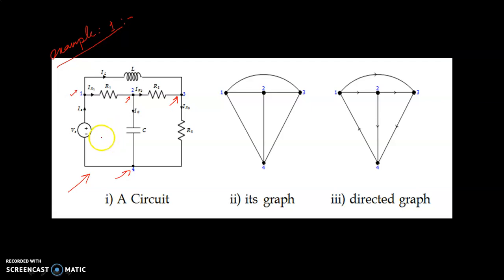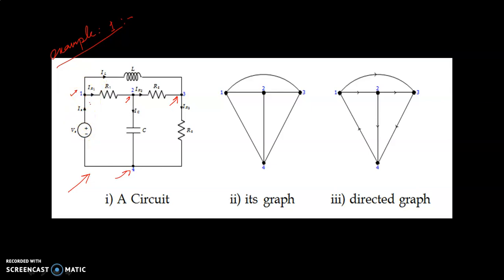Please mark in the given circuit diagram or network, you have been given the position of nodes. It is clearly specified where is node number 1, where is node number 2, 3, 4 likewise, and it is also given the direction of the circuit. It means from where to where current is flowing in the circuit.